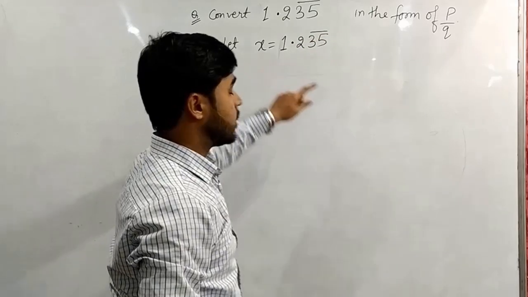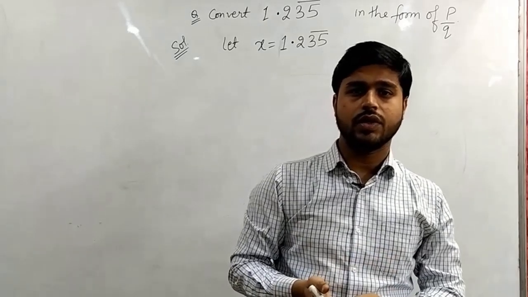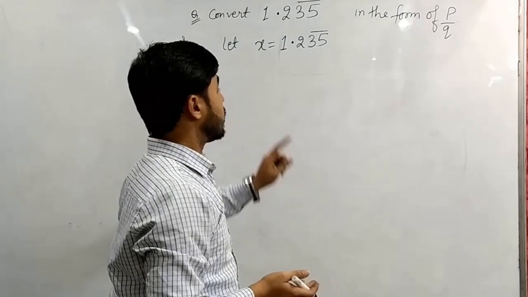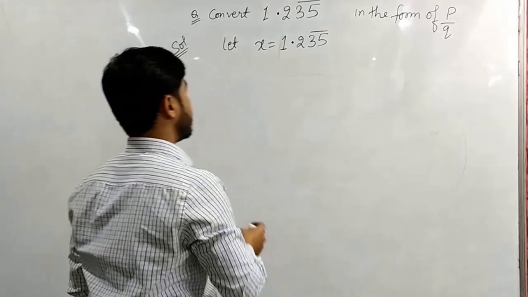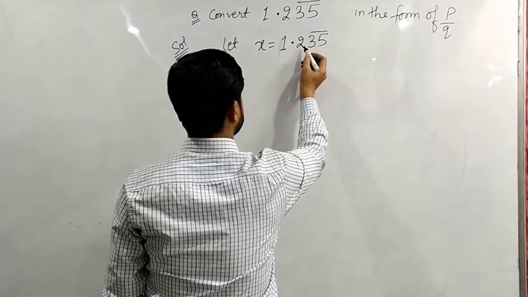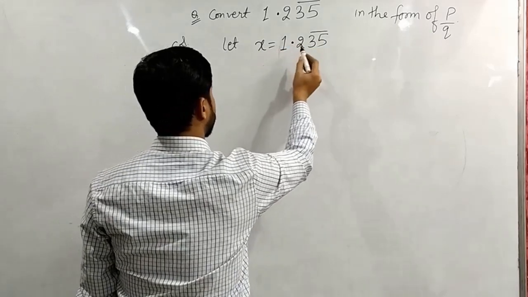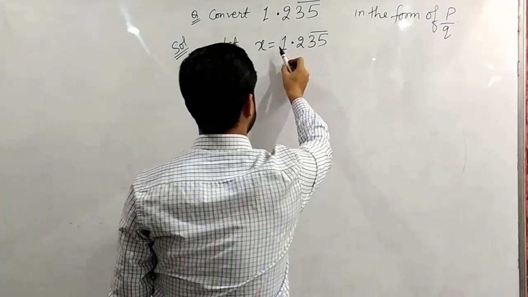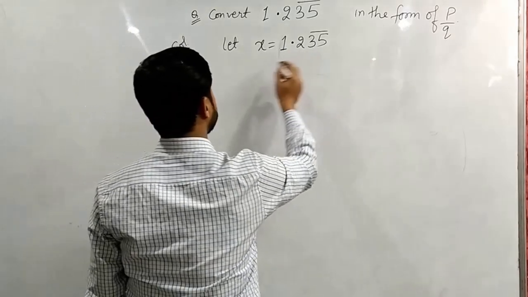Now in this case, the first step which we have to adopt is to shift those digits which are not repeating to the left side of the decimal. So we first have to shift 2 to the left side, as it is not repeating, and in order to shift 2 to the left side, we have to multiply by 10 on both sides.